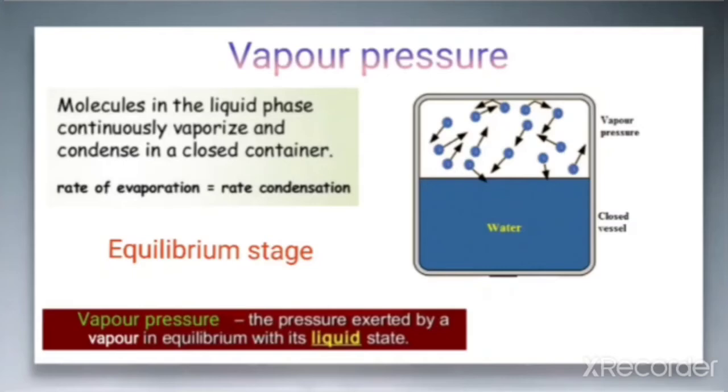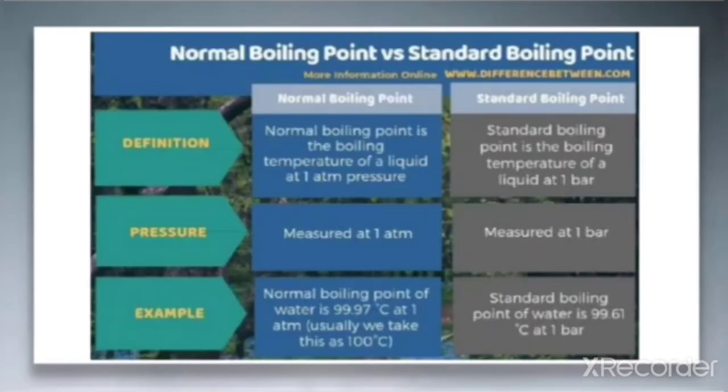Depending upon the external pressure, there are two types of boiling point: the normal boiling point and the standard boiling point. The normal boiling point is the boiling temperature of a liquid at 1 atm pressure. As we have already discussed, the boiling point is the temperature at which the vapor pressure of the liquid equals the external pressure.